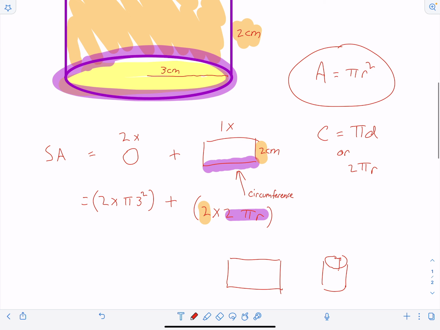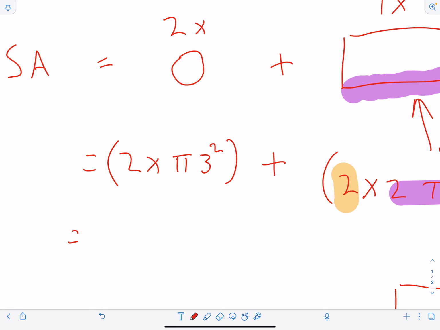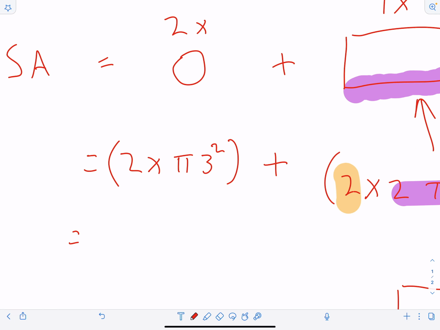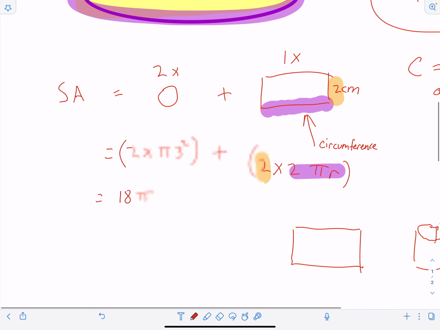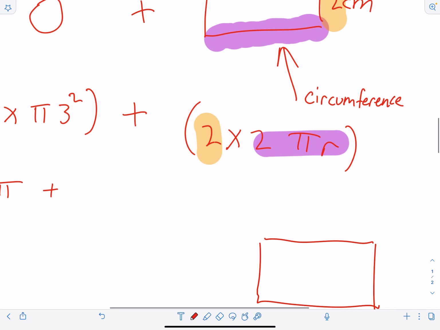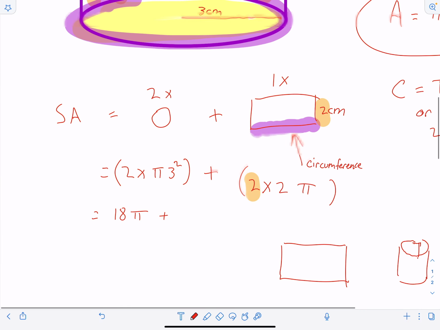All right, let's work this out. We have 2 times pi times 3 squared. That's going to be 18 pi. I'll just leave it in pi form for now, plus this one here, so that's 2 times 2 times pi times r, and r is actually 3 centimeters.